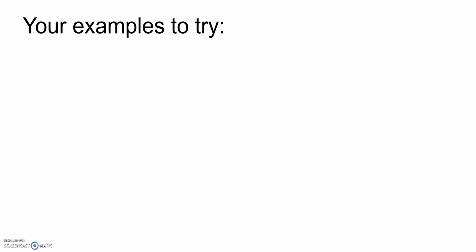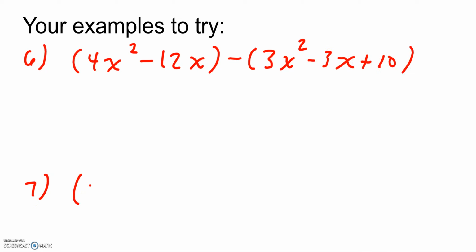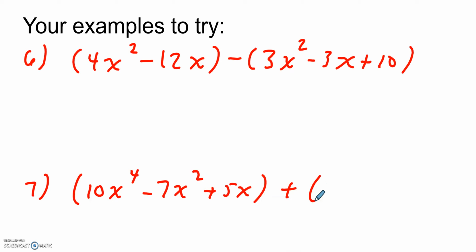What I think would be good to try is for you to pause, and I'm going to write down 2 examples that would be good to try on your own. So number 6, I would like you to write this binomial minus this trinomial, and then I would also like you to write this trinomial plus this binomial.